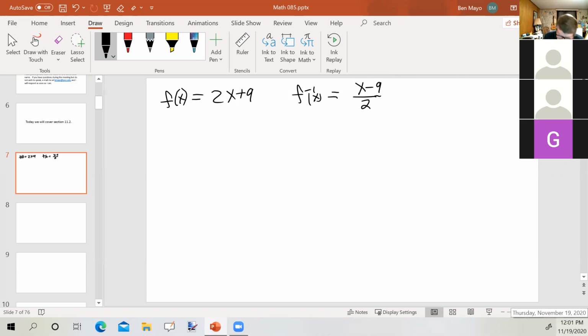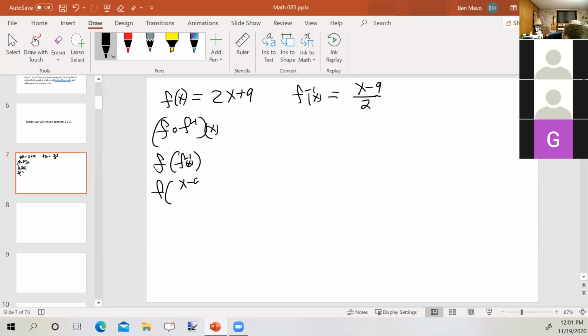So we're going to take f composed with f inverse of x, and figure out what that is. That would be f of f inverse of x, which would be f of x minus 9 over 2. Okay.